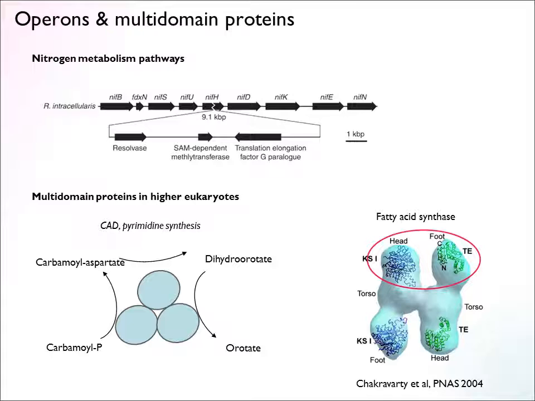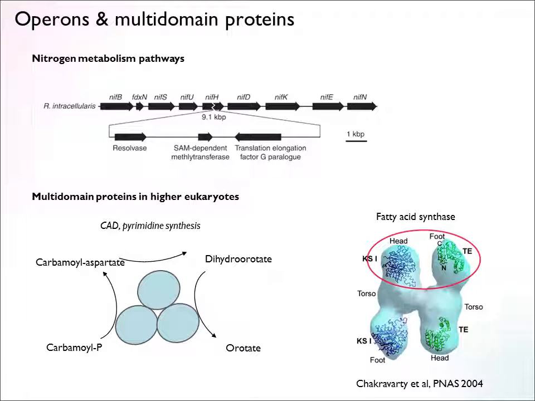So these three initial enzymatic steps in the pyrimidine synthesis pathway are encoded by the same gene. It has three distinct domains. And you can see that each of these domains correspond to individual genes in prokaryotes and lower organisms. So this is clearly three different proteins that have fused in evolution, so that instead of these operons, we tend to have single genes, but which encode multi-domain proteins.